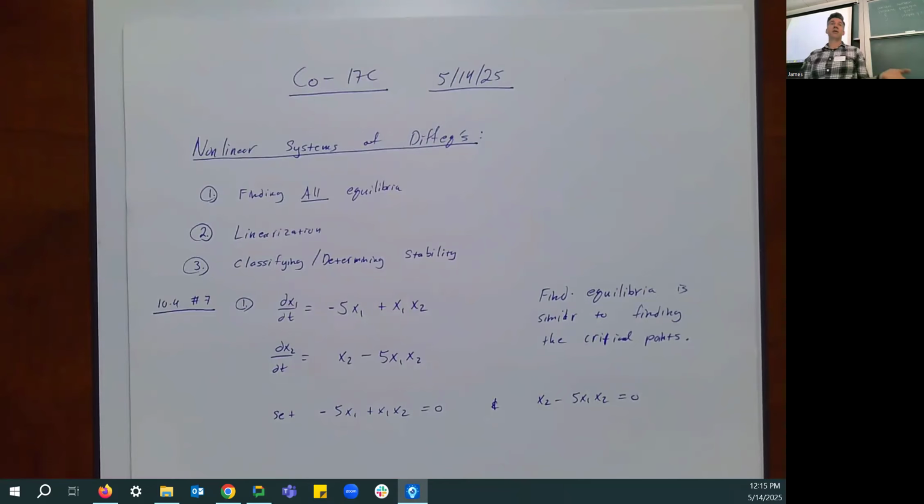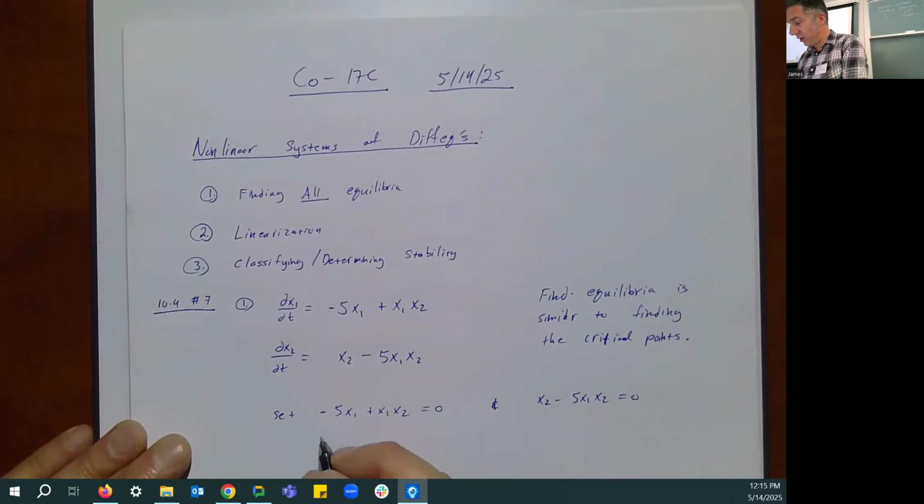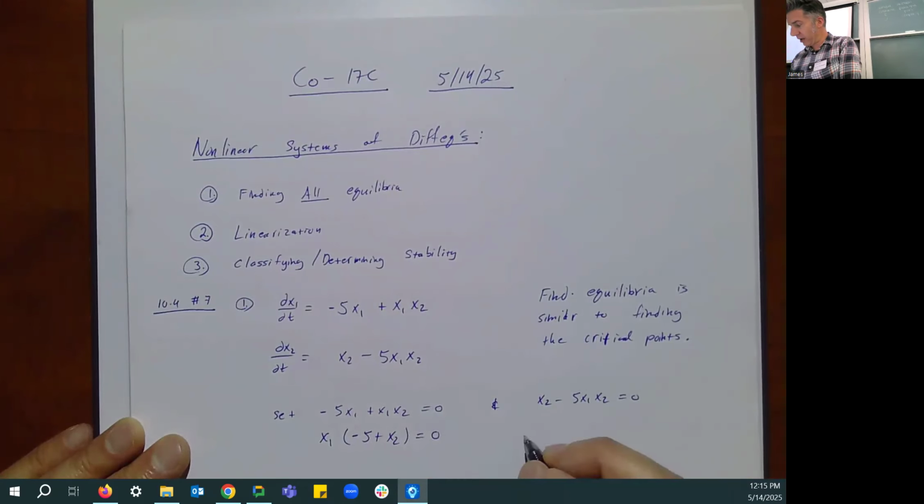Here, I noticed that in both equations I could factor something out. From the first equation, x1 times (-5 plus x2) equals 0. And in the second, I can factor out an x2, leaving x2 times (1 minus 5 x1) equals 0.